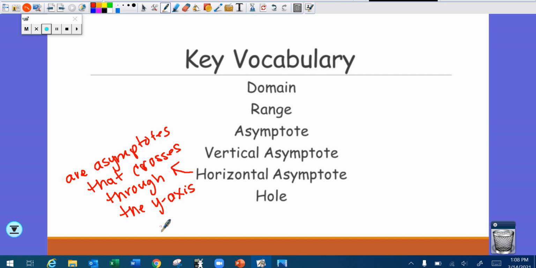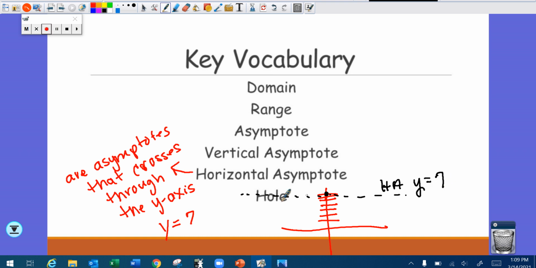Let's say I have a horizontal asymptote at y equals 7. So I draw a graph, and I go to 7 on the graph. So I put a dot here. And we're going to be horizontal. And the way you can remember this is the sun sits on the horizon. So horizontal means to run from left to right. And here we would say this is a horizontal asymptote at y equals 7. Okay?